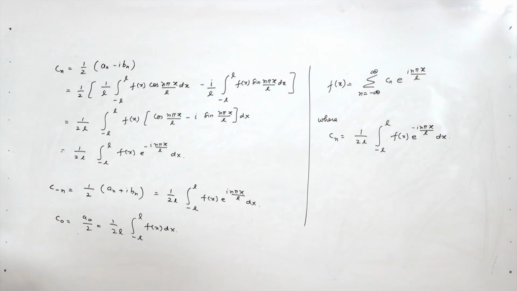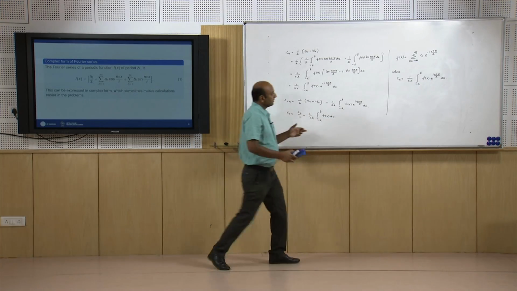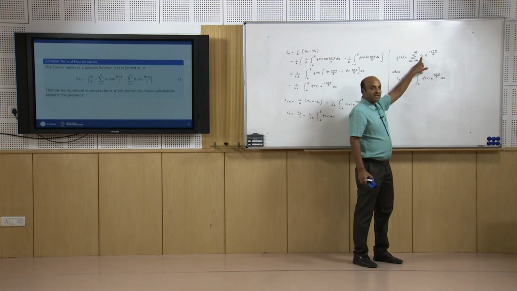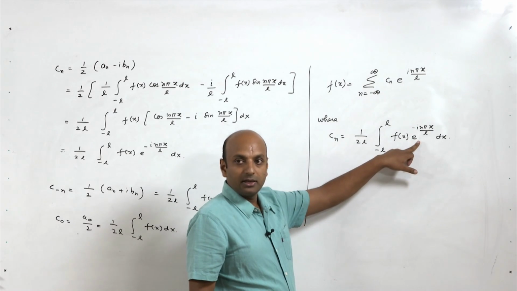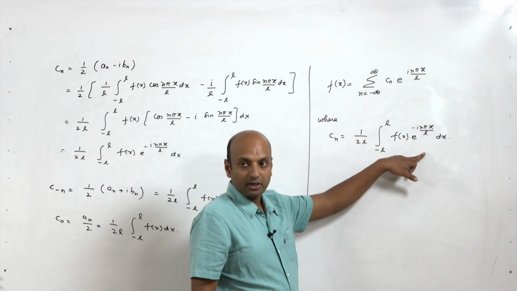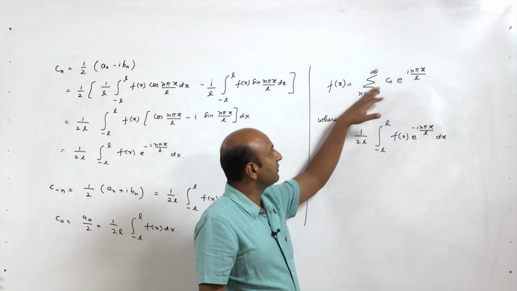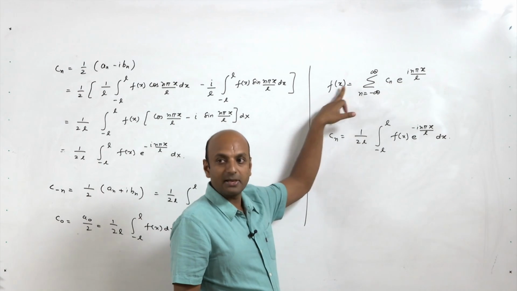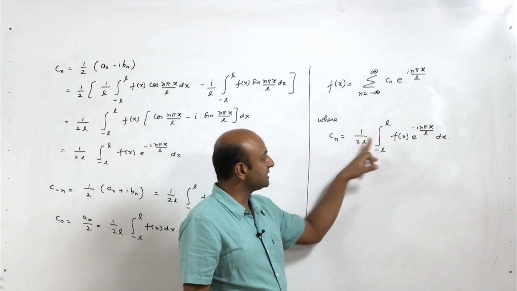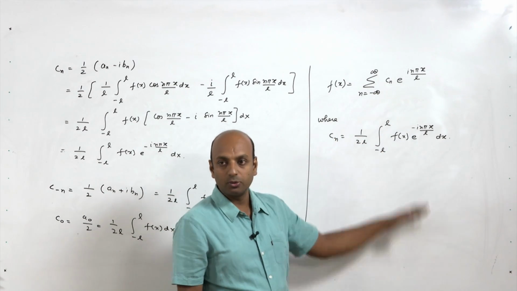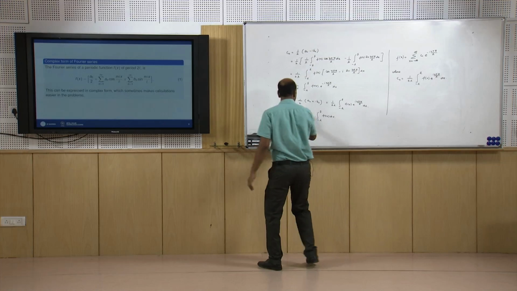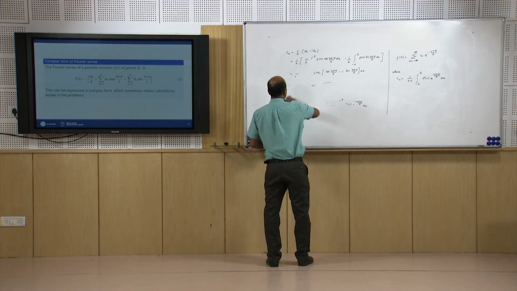So, that will be the complex form of the Fourier series. It contains negative C_n also, which is covered here. It contains C_0 also, which is covered here. So, the complex form of the Fourier series is given by this expression, where C_n is given by this expression.